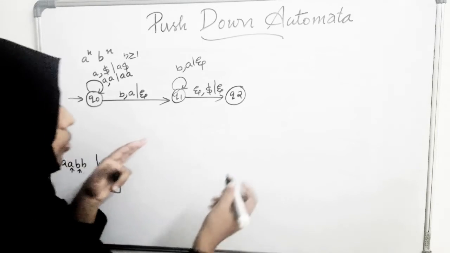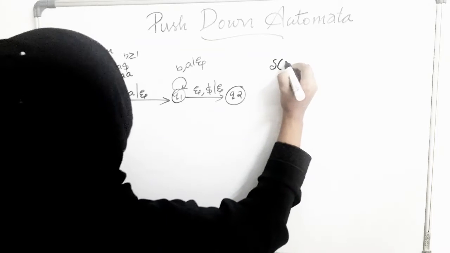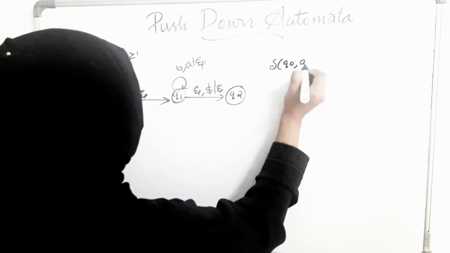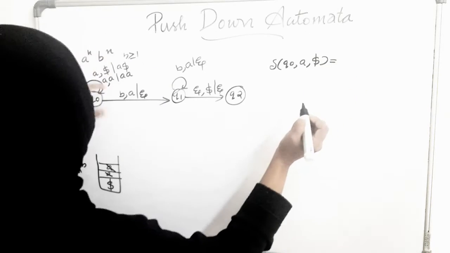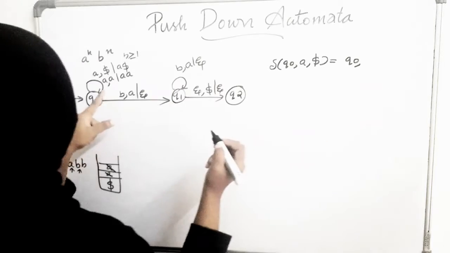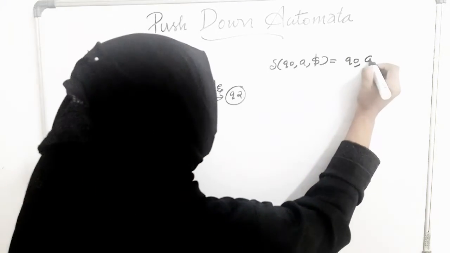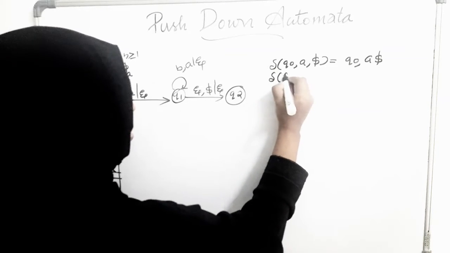If you want to write down the transition functions, it's very easy to write. Delta of Q0, A is the input symbol, dollar is the stack top symbol. In that case you go to Q0 itself, and the stack top is now A dollar. Now the second transition, Q0.